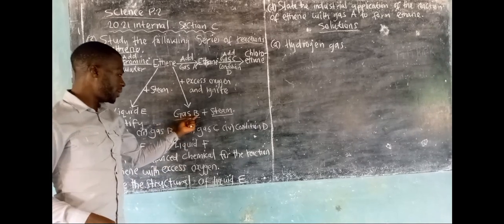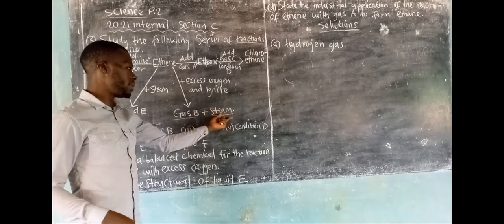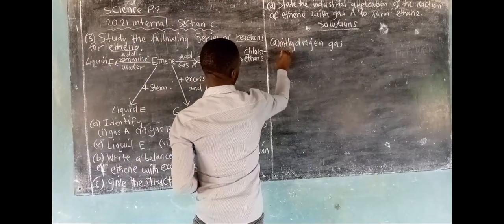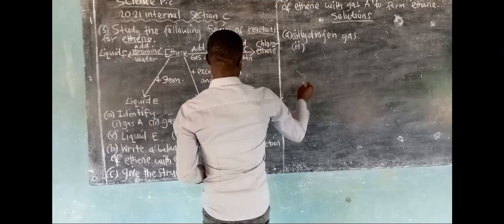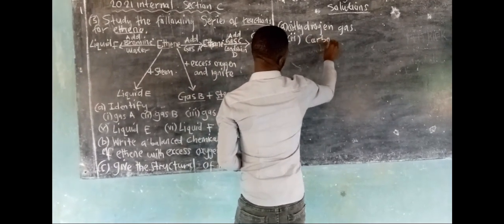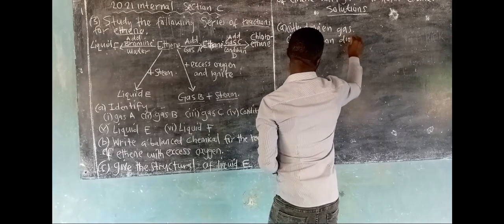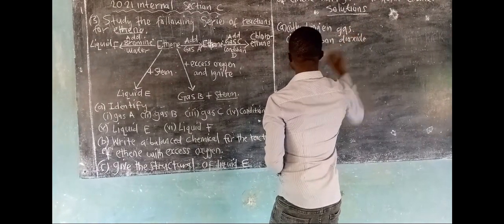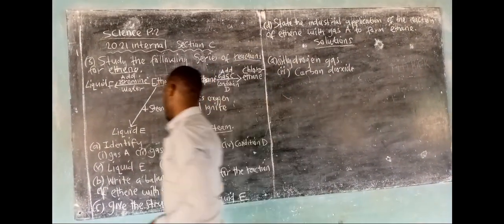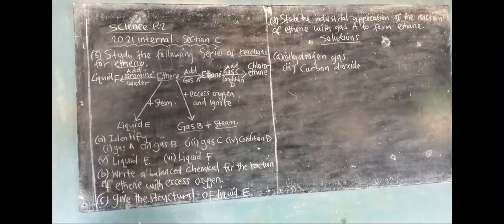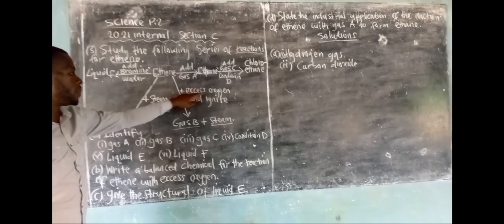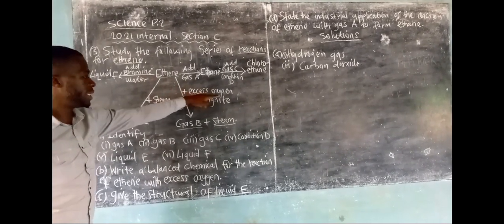So gas B is carbon dioxide, since it is a complete combustion, they have said excess oxygen.